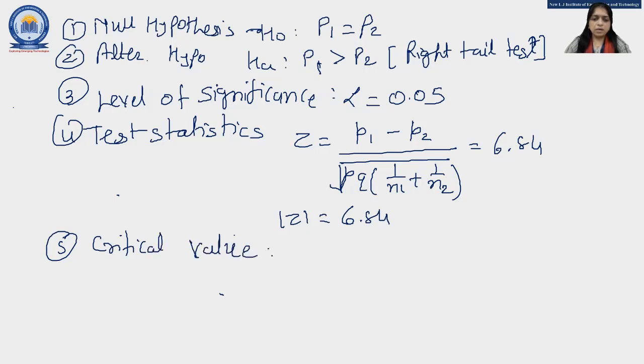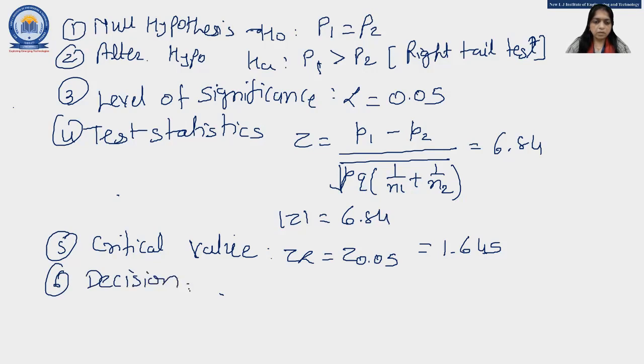As per the critical value, Z alpha, Z 0.05, and that is 1.645. So decision: mod Z is greater than Z alpha.